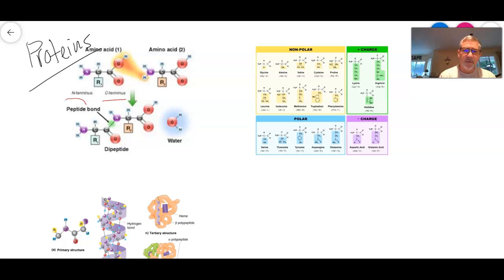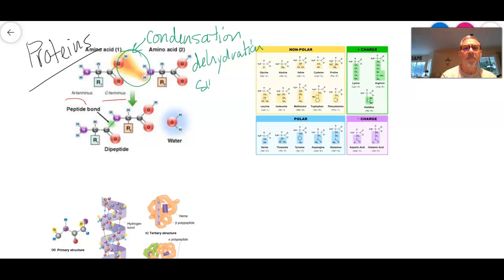right? So this reaction right here that joins them together, remember that's a condensation reaction, or we can say this is dehydration synthesis.